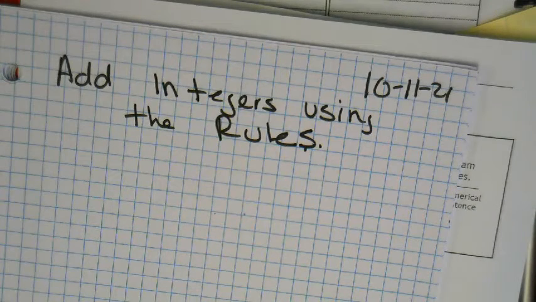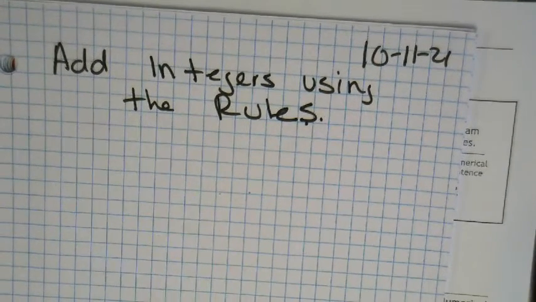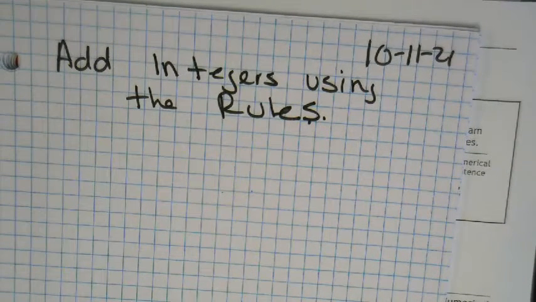A very important day in your math career. You'll be using these rules forever and ever because you're not going to be using tiles and number lines forever. You can imagine using the tiles or the number line in your head while you're doing the math, but you're going to be using the rules. So, here we go.